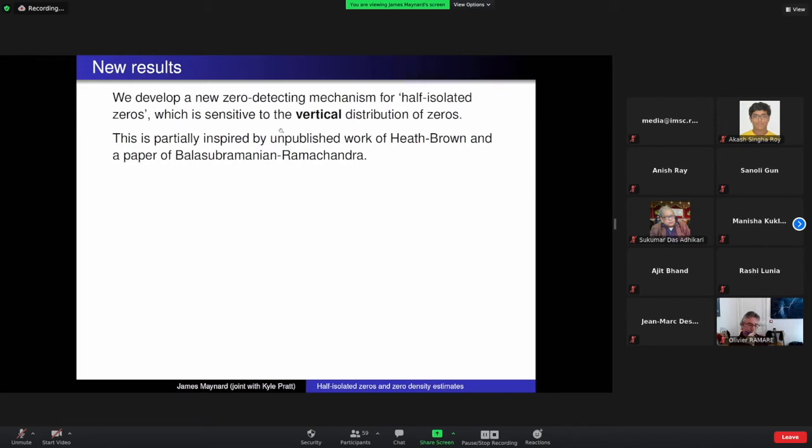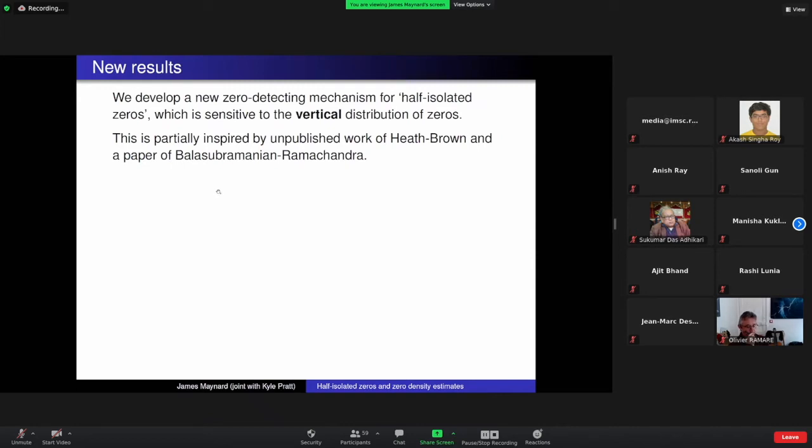So most zero detecting mechanisms essentially are sensitive to the horizontal distribution, but they say nothing at all about the vertical distribution. And so in particular, this is somewhat addressing the potential problem that I mentioned on the last slide about arithmetic progressions of zeros on certain vertical lines.